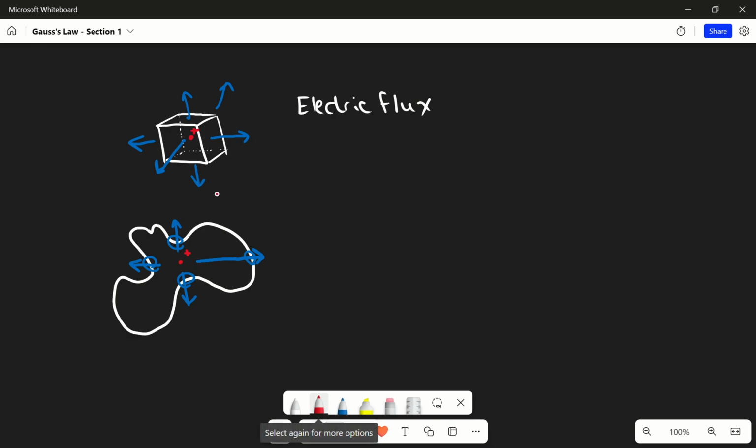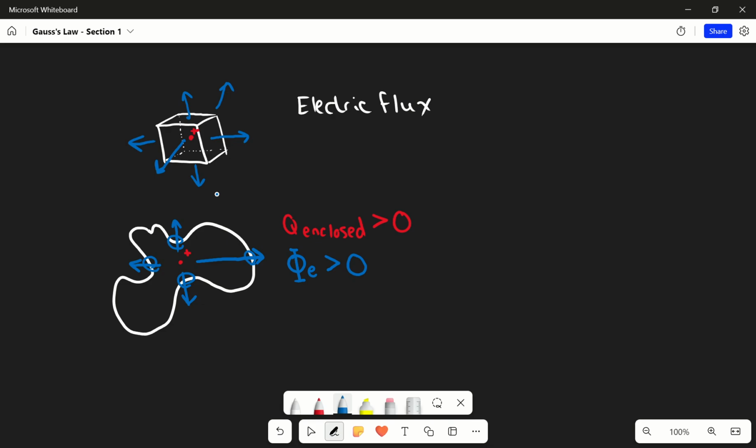So whenever Q enclosed, our enclosed charge, is greater than 0, whenever you have a positive enclosed charge, then your electric flux, which we symbolize using this capital Phi with subscript E for electric, will also be greater than 0. Positive enclosed charge, positive flux, because it's flowing on out.